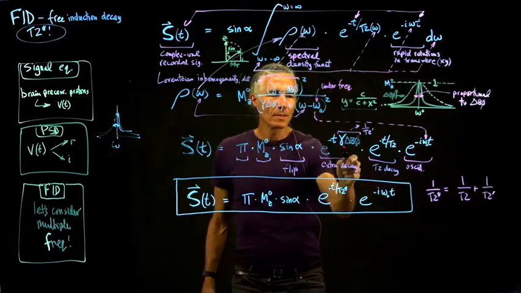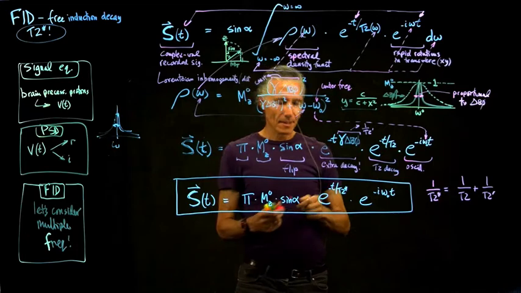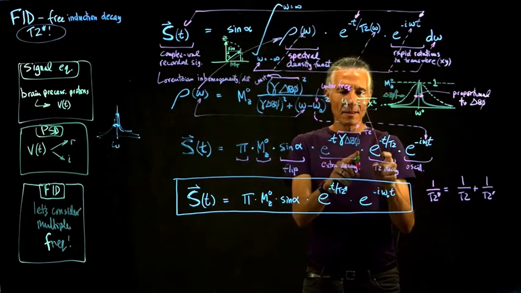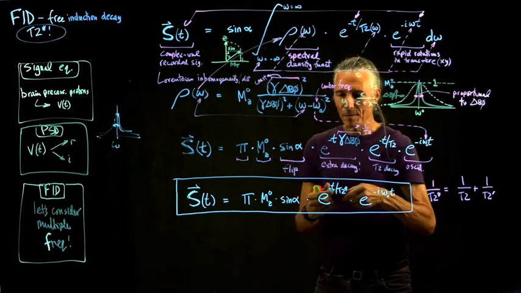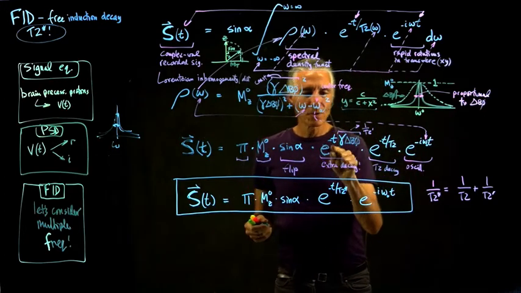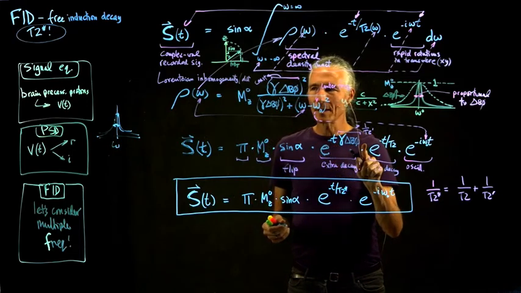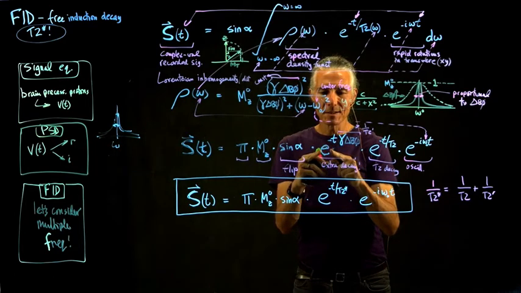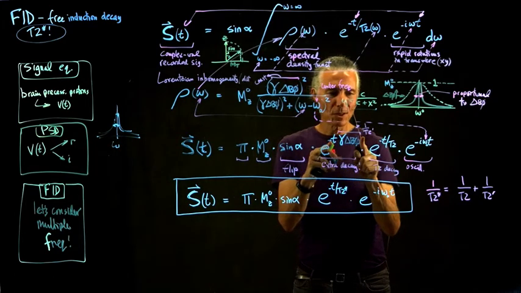That came from this guy. You can also look at it from the point of view that if you have two things raised to a power multiplied by each other, you know from algebra that one way of rewriting this is just e to this thing plus this thing.